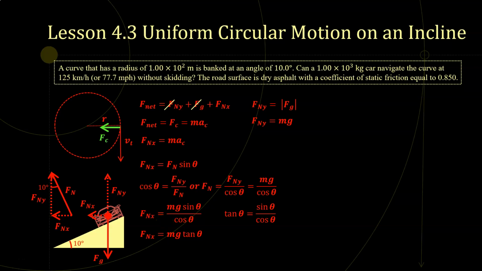Now, in the true fashion of these uniform circular motion problems, I'm just going to note right now that that x component of the normal force is a centripetal force. And therefore, I can take that force and replace it with one of my centripetal force equations. In general, I could just write this equation: the mass times the centripetal acceleration equals whatever's on the other side of that expression, because that's a centripetal force.